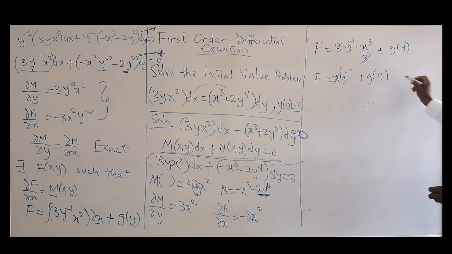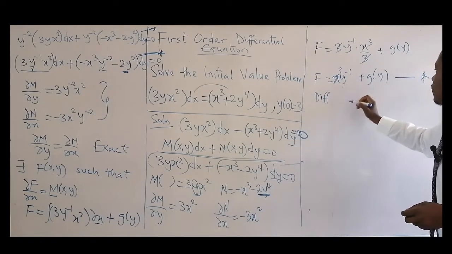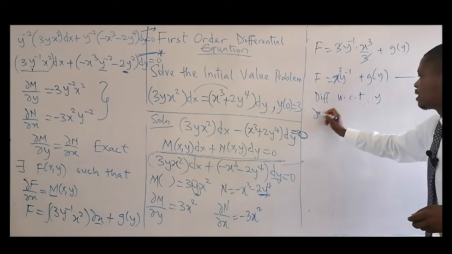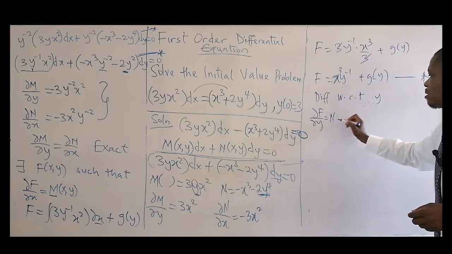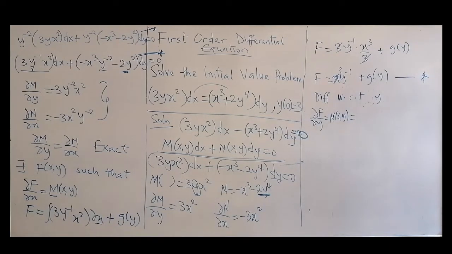This is our solution, but we need to get the g of y. So how do we do that? Differentiate with respect to y. We have this with respect to y, which is equal to N. N is equal to minus x³(y minus 2) minus 2y squared.